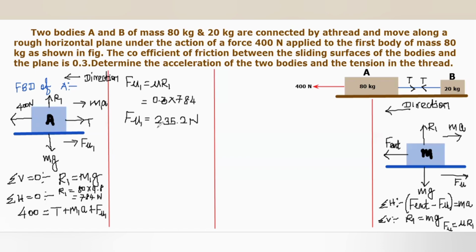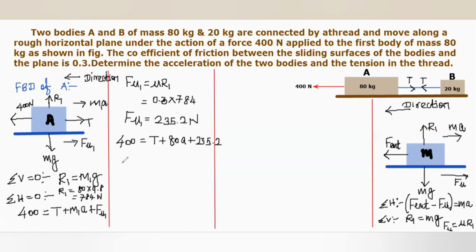So now substitute this value in this equation. We can write 400 equal T plus, substitute the M1 value, 80A plus 235.2.